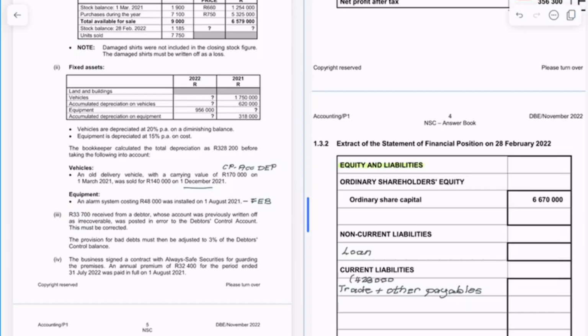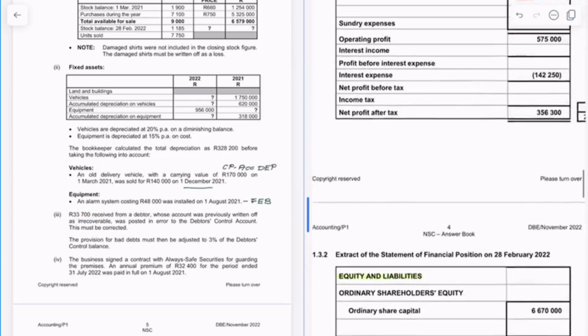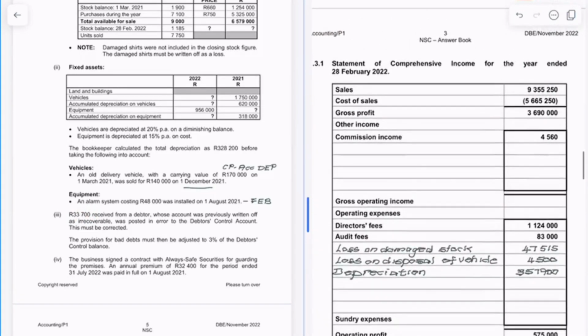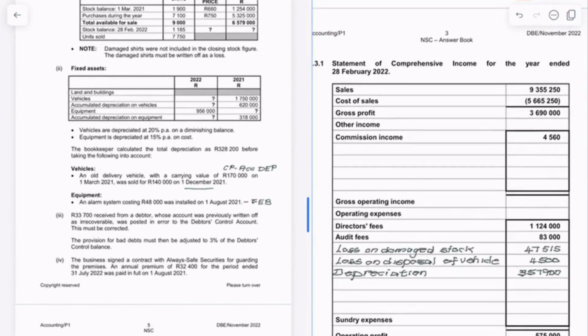So we would have to now debit debtor's control, and we would credit bad debts recovered. And that goes under your other income. Bad debts recovered.